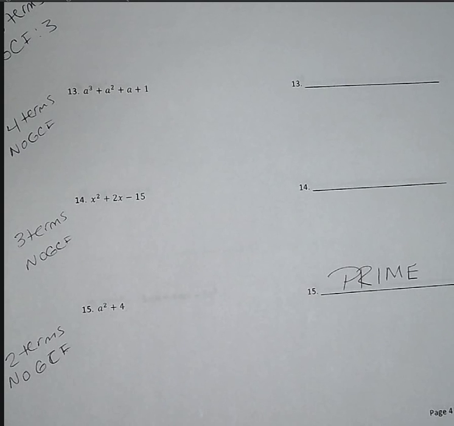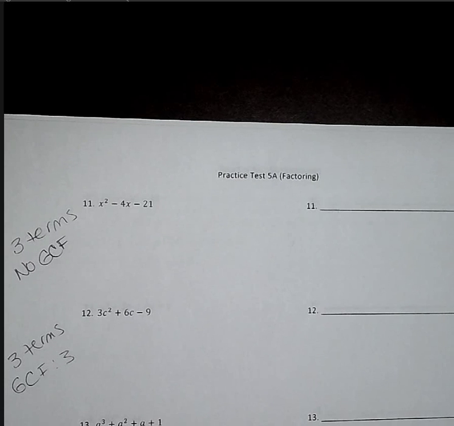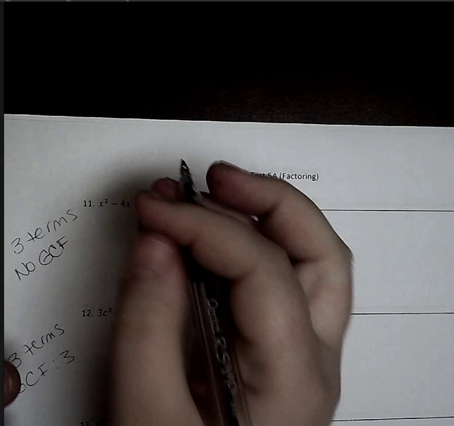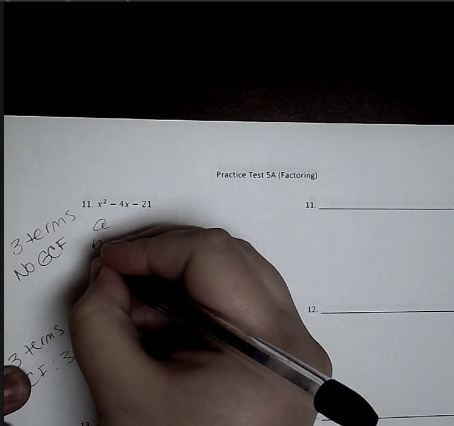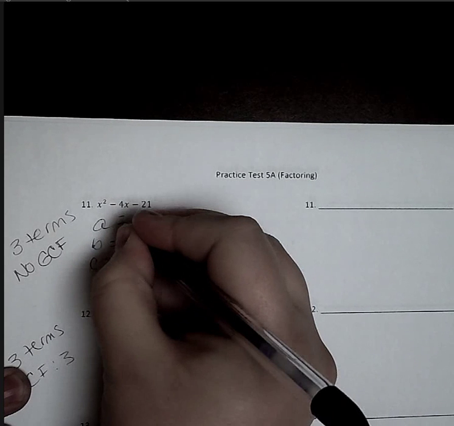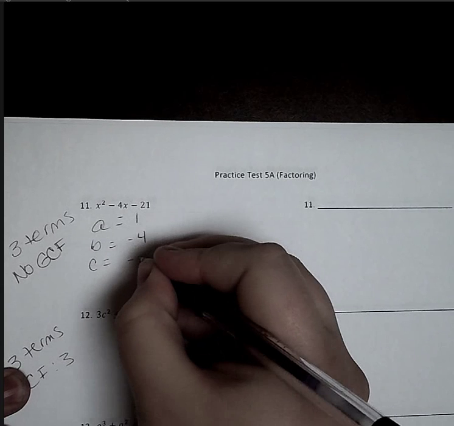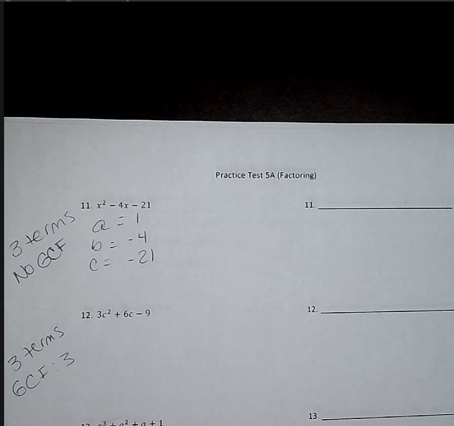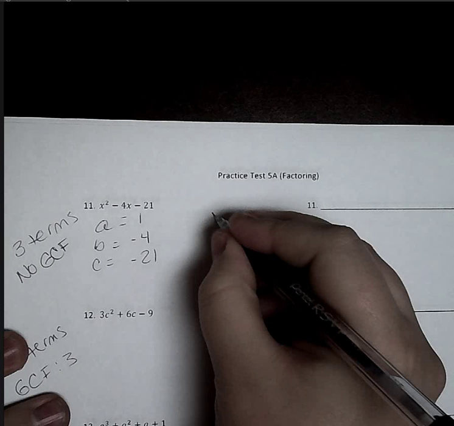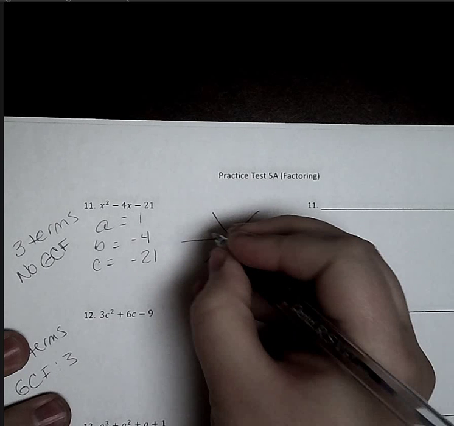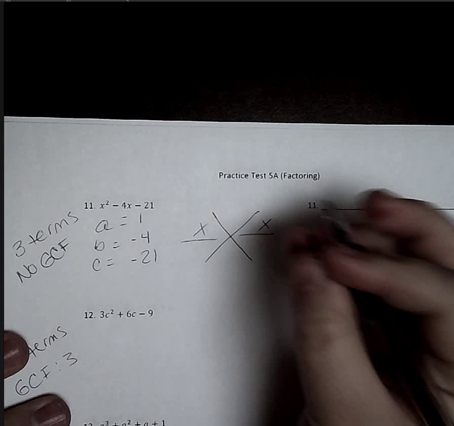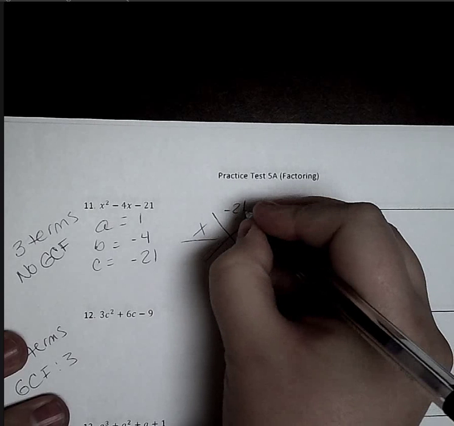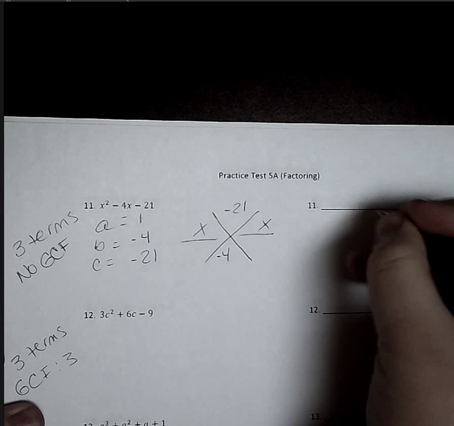Okay? All right, so let's go ahead and move up to number 11. We have 3 terms with no greatest common factor. So it's the AC method. A, B, C. A is 1, B is -4, C is -21. You get an X on top of your wings, a -21 at the top of the X, and a -4 at the bottom.